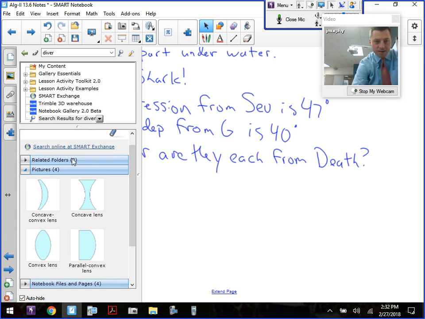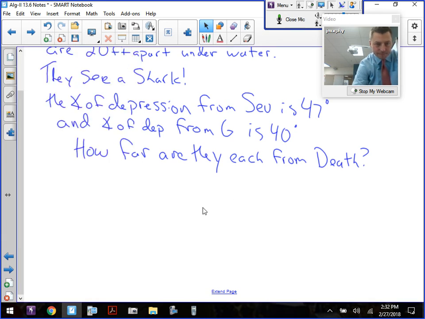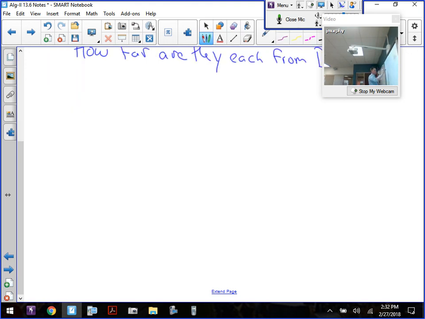All right, well, we don't have pictures of scuba divers. Oh, well. So there are two people swimming underwater. One here and one there.